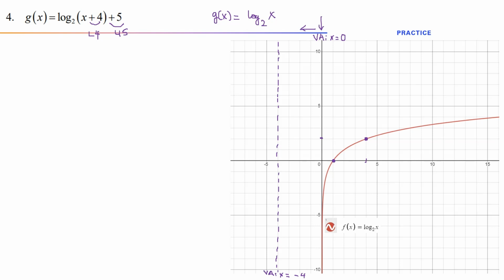Now this point has to be moved up 5 units: 1, 2, 3, 4, 5. And then we move to the left 4 units: 1, 2, 3, 4. So this is one point.